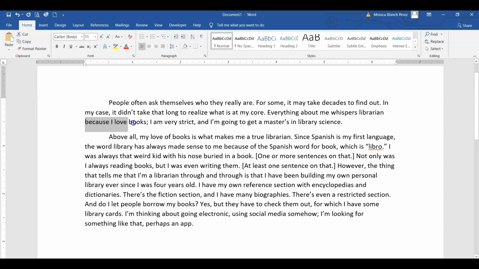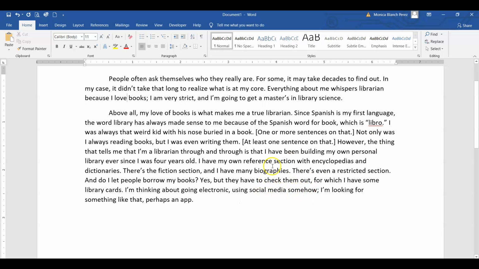Maybe it's something like I love and have, because I love. Let me see. No, I'm going to stick with love books, because doing this shows that the person loves the books. But I probably need to say that.